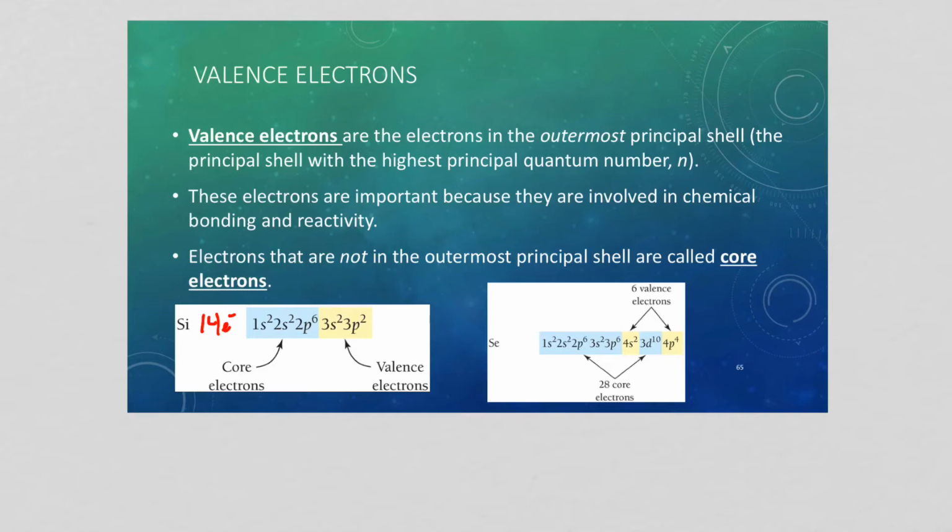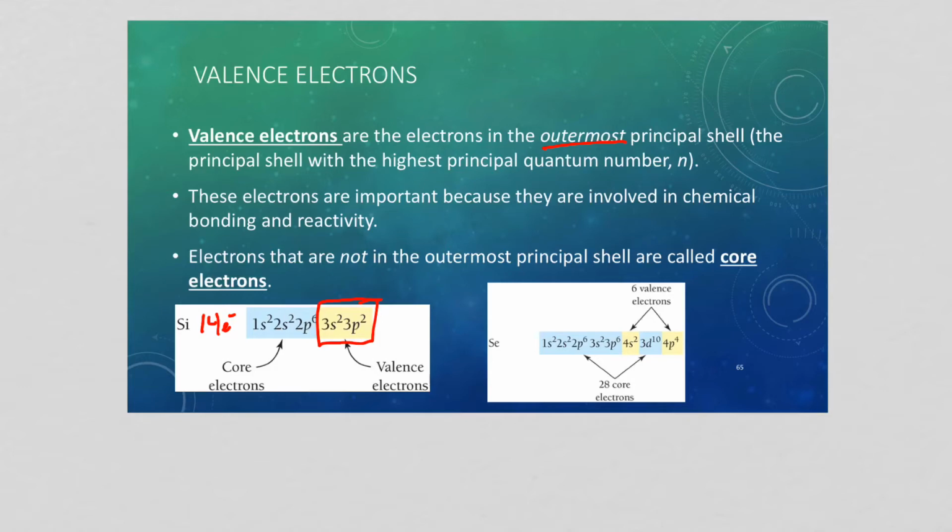Now, we have 2 different types of electrons in an atom. We have what are called the valence electrons. Valence electrons are the electrons in the outermost principal shell, in other words, the biggest n number.